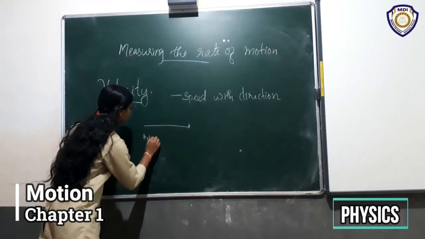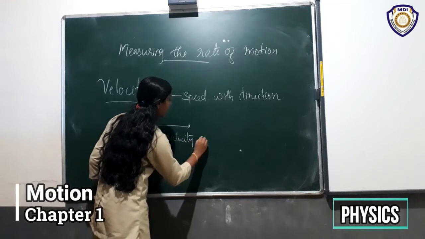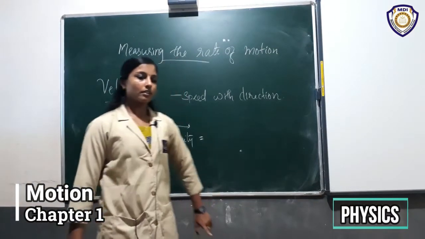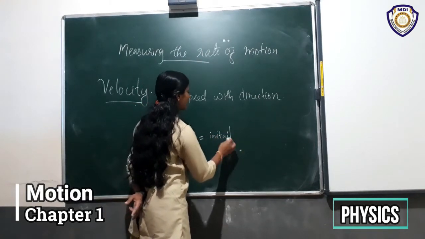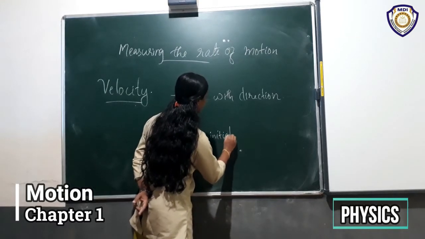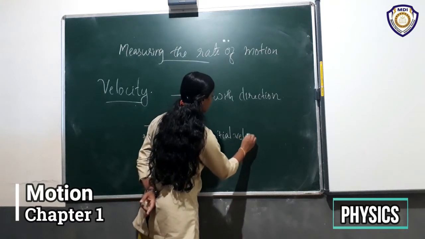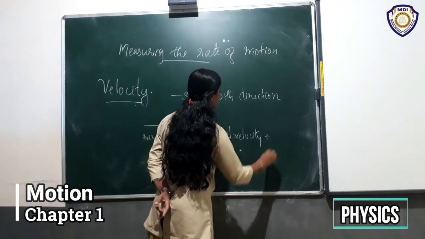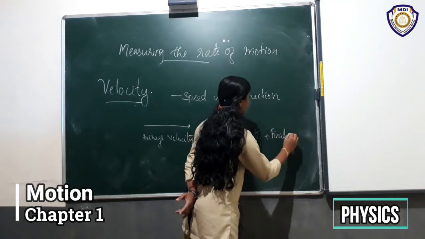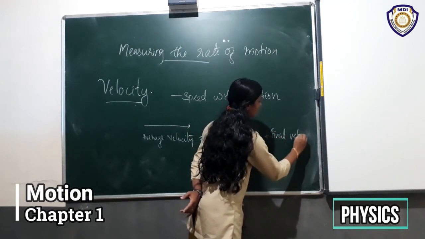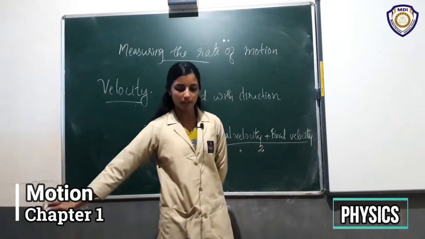Average velocity is given as the arithmetic mean of its initial and final velocity, divided by 2, right?